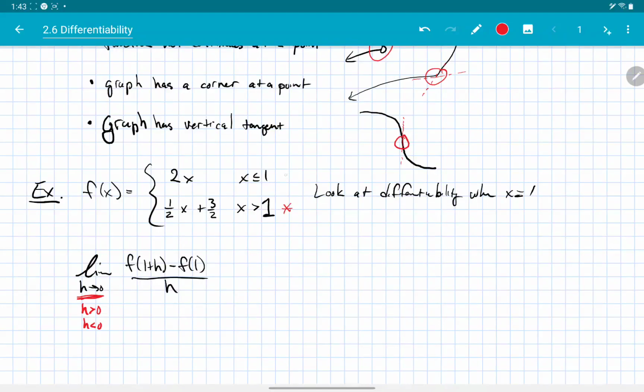When h is negative, we would be using the other version of the function. So if we want to calculate to see whether this limit exists, right away we have to split it into two different one-sided limits and see if they agree. The limit from the right and the limit from the left.